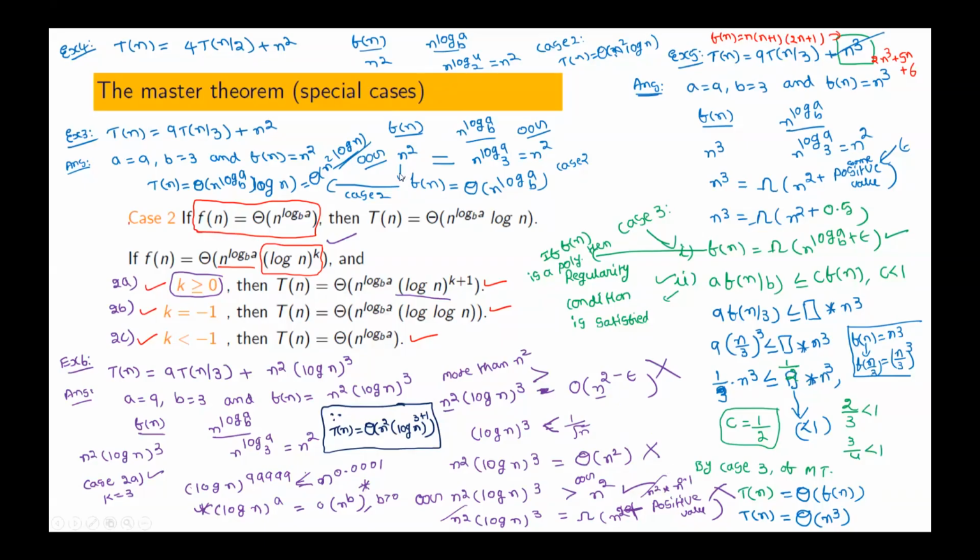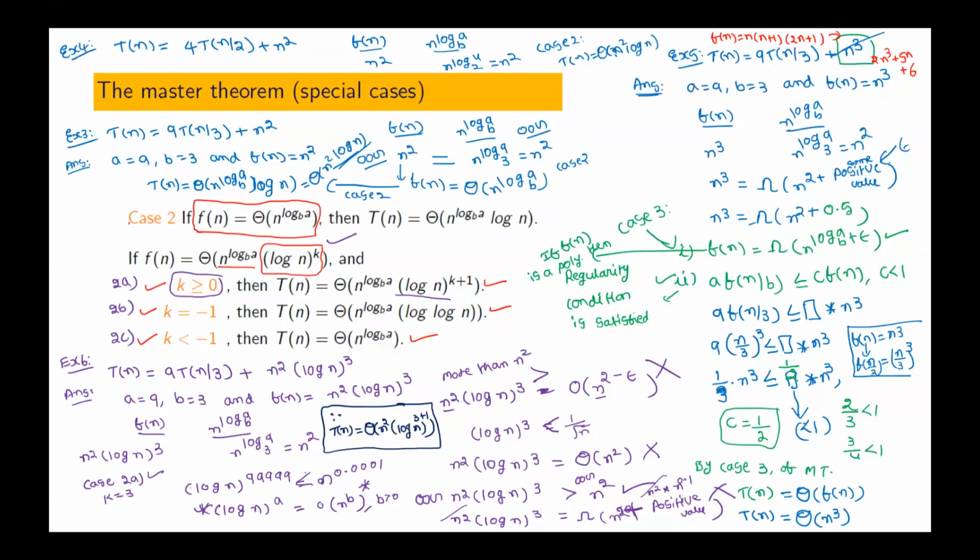Master theorem, is it a method of solving recurrence relations? Does it give an exact solution for a recurrence relation? It only gives asymptotic notation. It only gives the highest order term in the solution, or the order of growth of the solution. That's all.